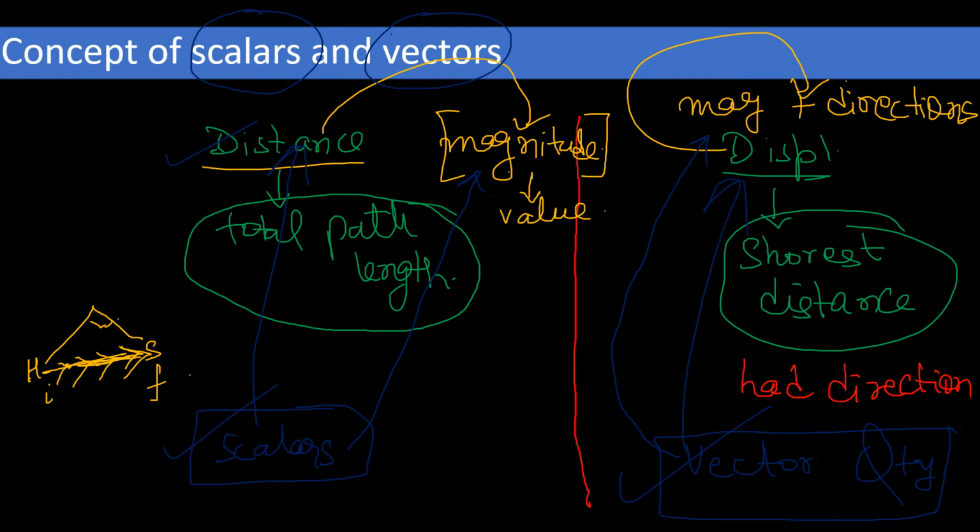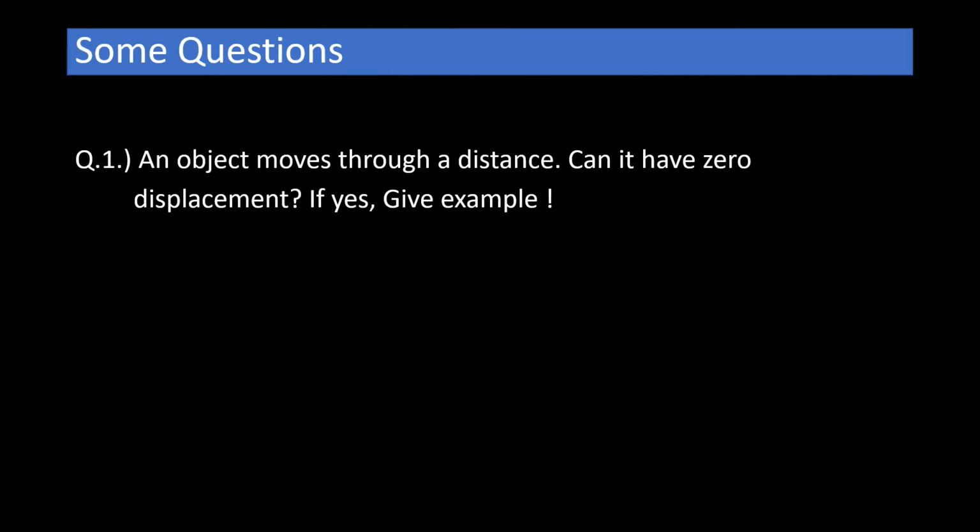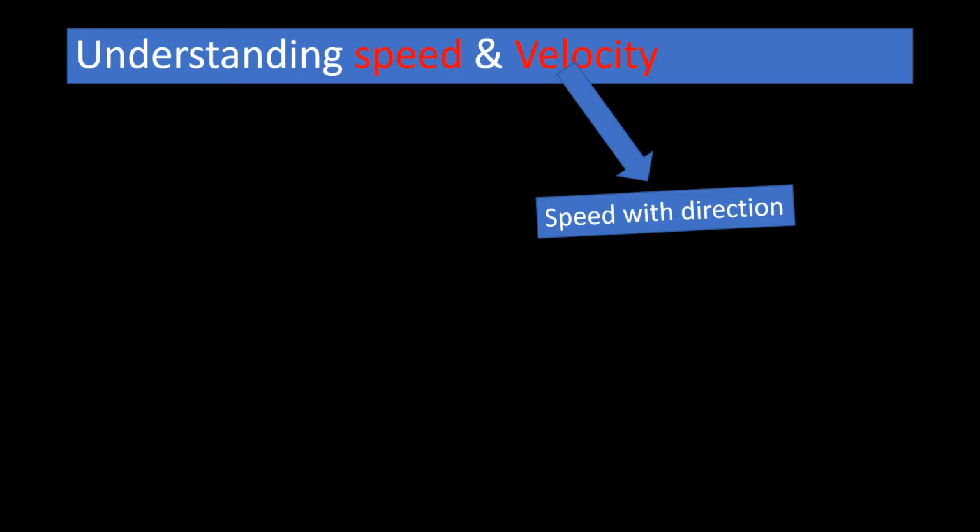Now I'll tell you a simple trick through which you can find out the other quantities in terms of these base quantities, distance or displacement. But using that trick requires a bit of analysis. So let us move ahead, guys, and then we will return back to these questions.